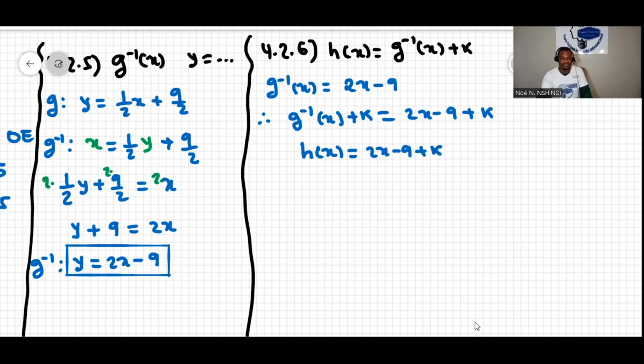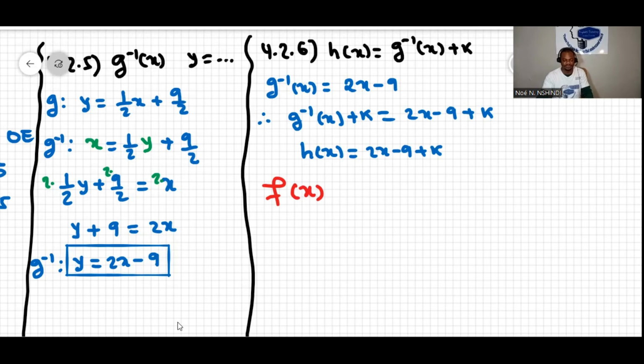Now, there are some properties for a tangent line. A function f can have a tangent line if the gradient of the tangent line is equal to the derivative of the function.